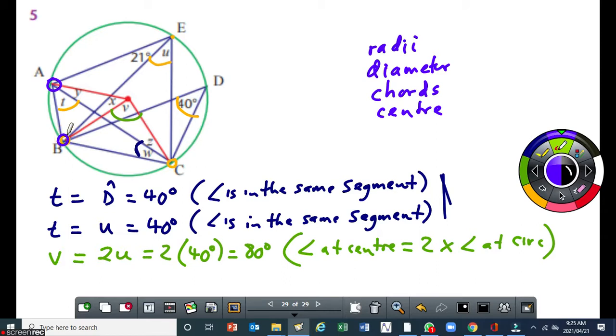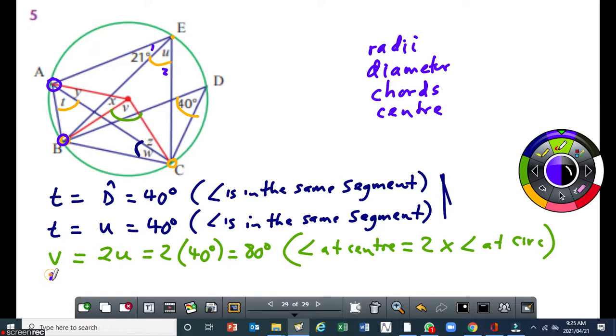And does chord AB subtend another angle at the circumference? Which angle? You can call this one E1, that one E2 if you want. So we have got angle AEB, which is going to be equal to W. The reason, theorem 4.